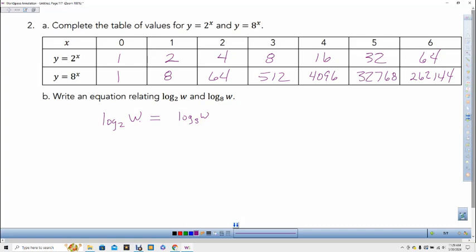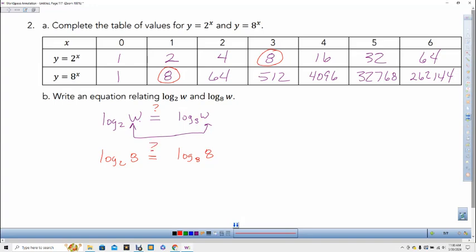So what we want to do is compare the values. Remember, the w's here are equal. So what we're saying is, what happens if we plug in 8 to both of those? How is it different? And how do we make this thing equal? If we do the log base 2 of 8 and the log base 8 of 8, what do we know the difference is?